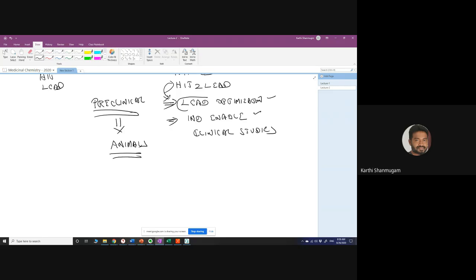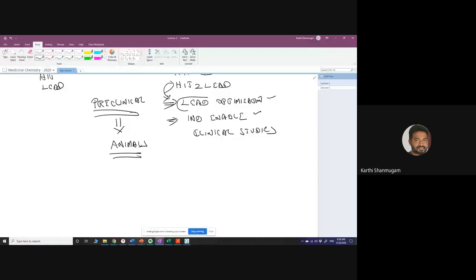That's not possible. The main reason is that the molecule may have toxic effects on humans. To avoid that situation, we choose some animals and evaluate the molecule first on animals.